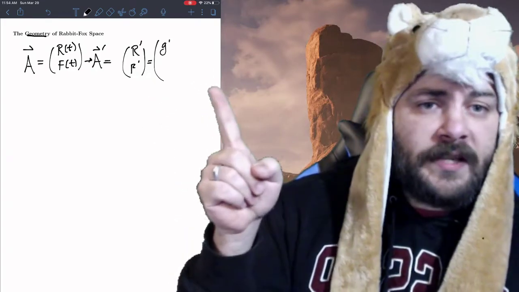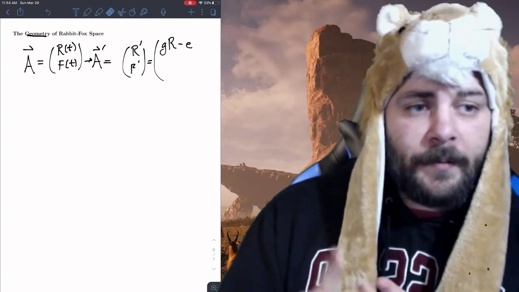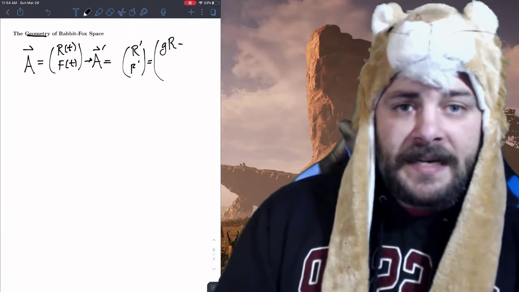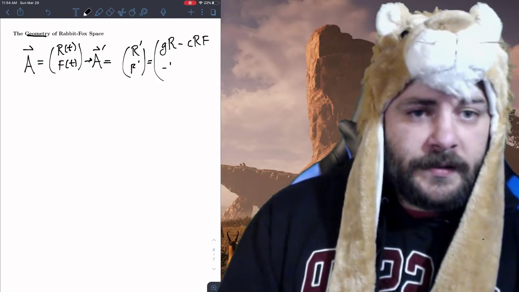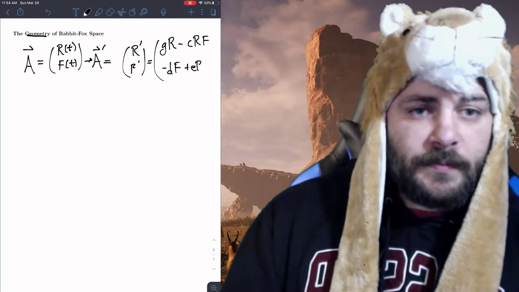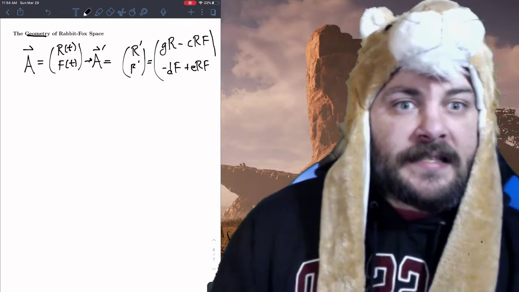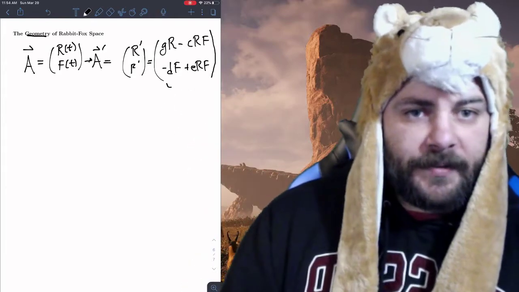And so I can just write down the right-hand side of my differential equations right there. The growth rate of the rabbits times the rabbit population minus the rate at which rabbits are consumed by foxes. And then we have the dying off rate of my foxes plus the eating rate at which rabbits are eaten by foxes. And then we've got my two differential equations up there.